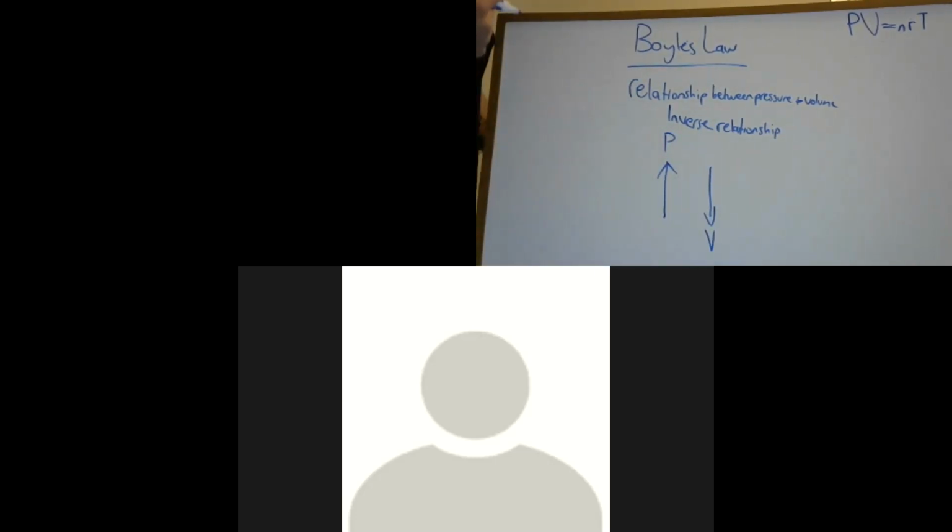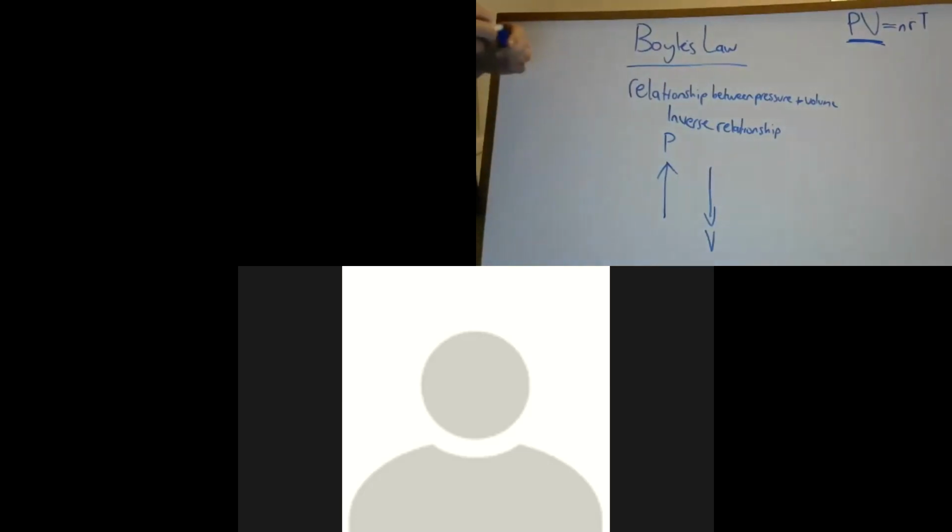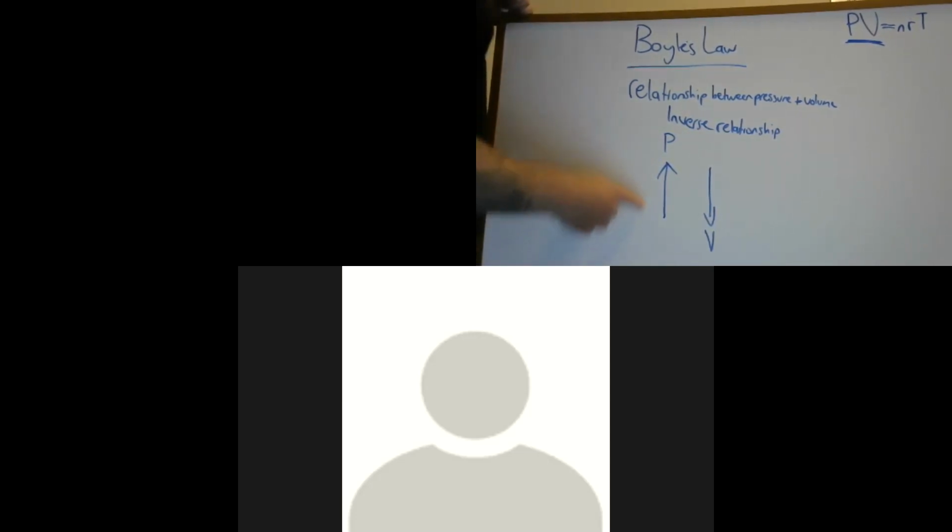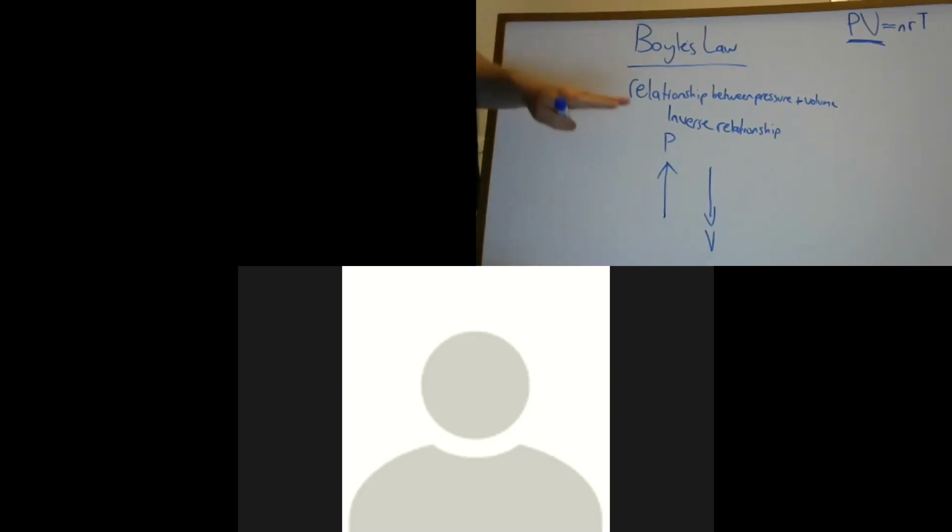When you increase the volume, you decrease the pressure. So this is Boyle's contribution to the law: an inverse relationship between pressure and volume.